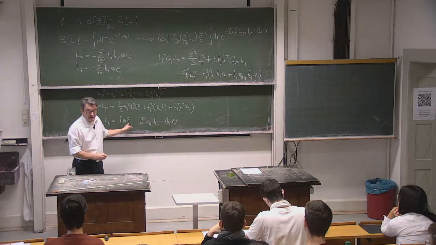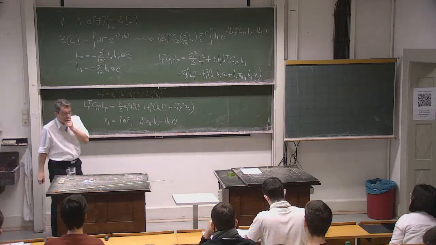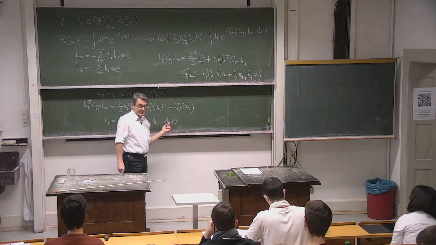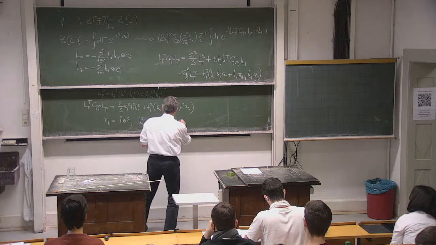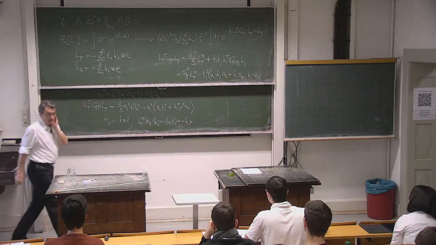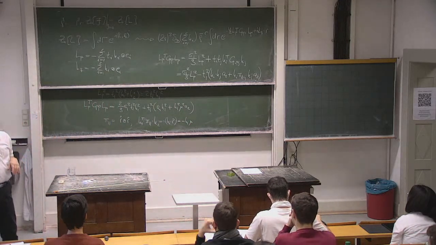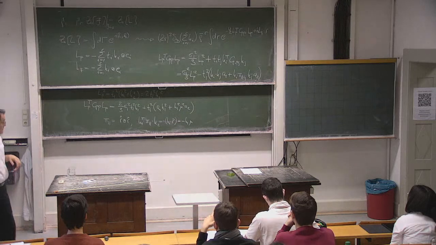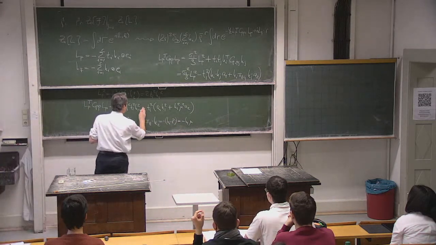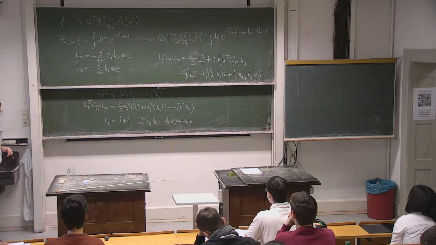But K2 times R hat is minus K1 times R hat. So I get this. And by the way, how we introduce the angle between R and K, this is minus K1 times mu. And this appears squared upstairs, and we're done.